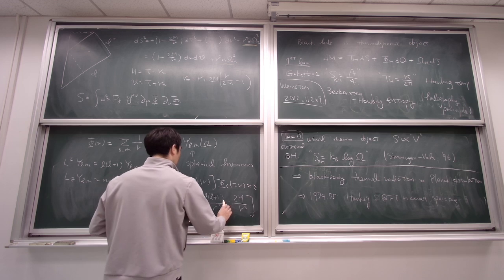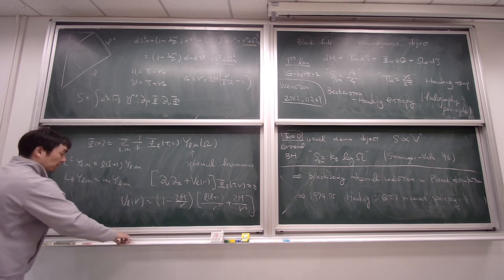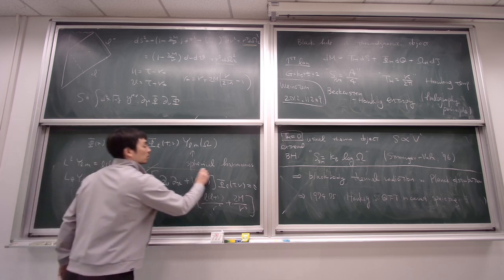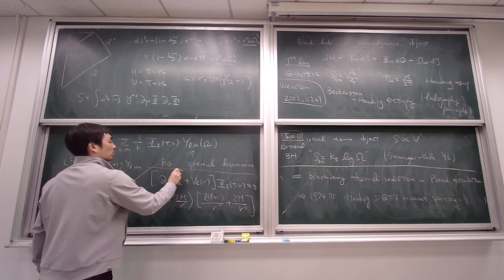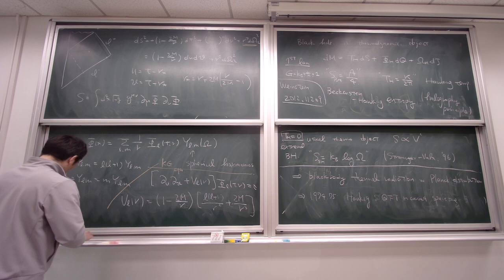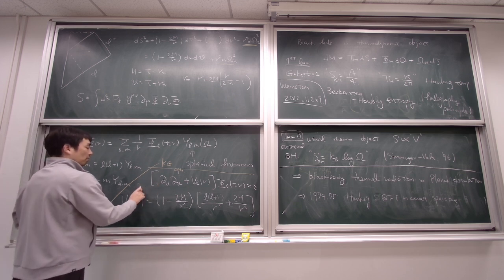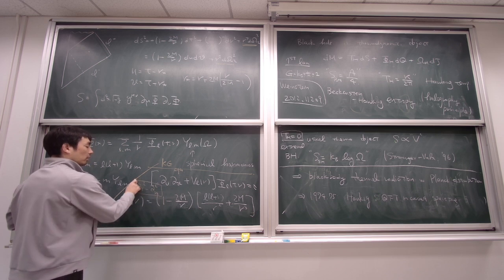That's what you obtain from the Klein-Gordon equation. It's also fine to write it as phi_tt minus phi_r-star-r-star.